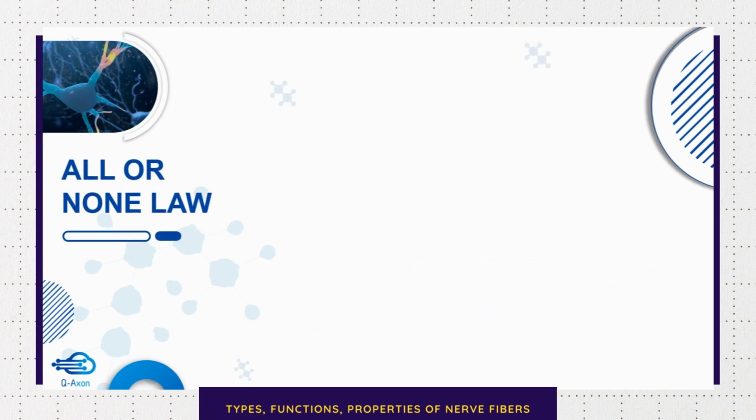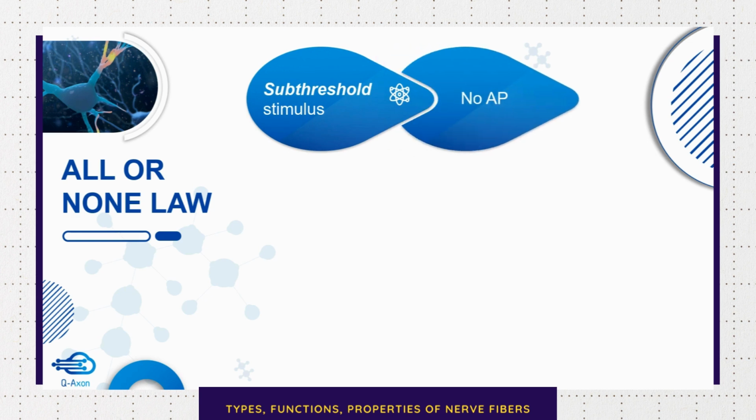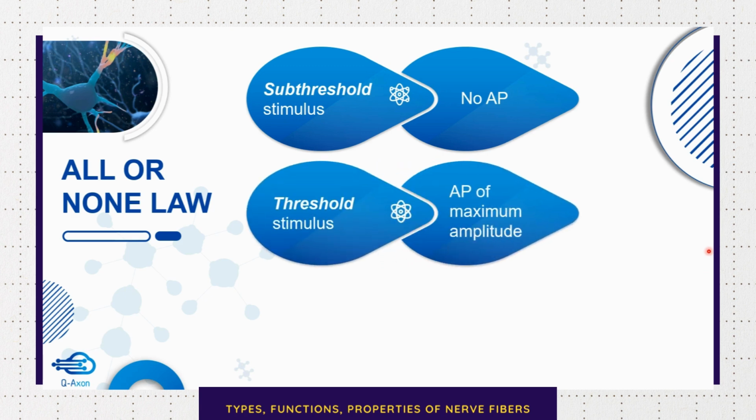So let's examine this law in more detail. What does it mean? If you apply a sub-threshold stimulus, a stimulus which is of very low strength, you do not get an action potential. But if you apply a threshold stimulus, that is when the tissue responds with an action potential. So you get an action potential of maximum amplitude.